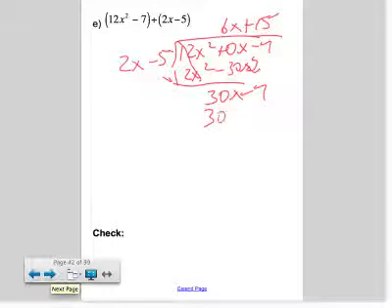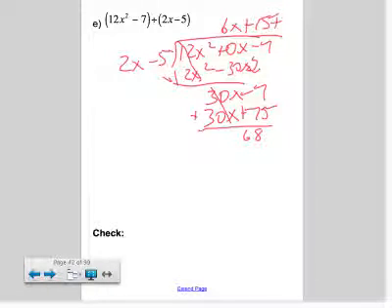So that's 30x. And then 15 times negative 5 is negative 75. Subtract them. 30x minus 30x is 0. Negative 7 plus 75 is going to be a positive 68. So our remainder is 68.